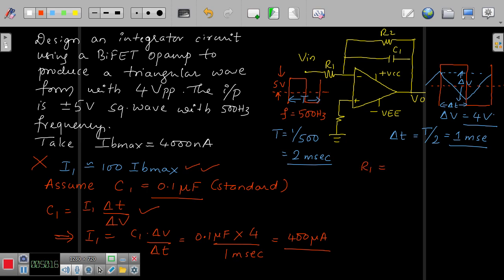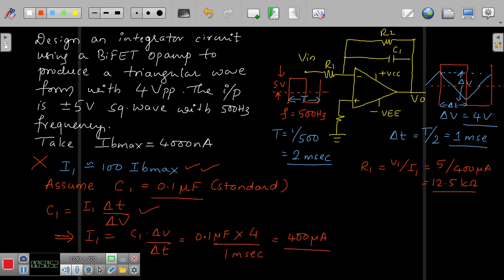The next one, R1 is equal to V1 divided by I1, which V1 is input voltage 5, no? Input voltage V1 or V in 5 volts, divided by 400 microampere. So you are going to get how much? 12.5 kilo ohm.